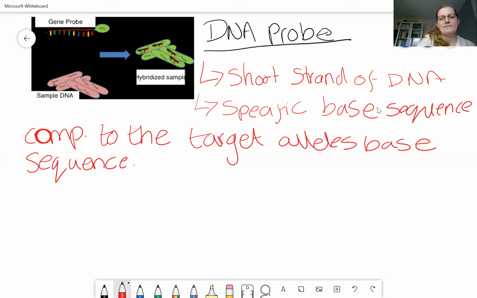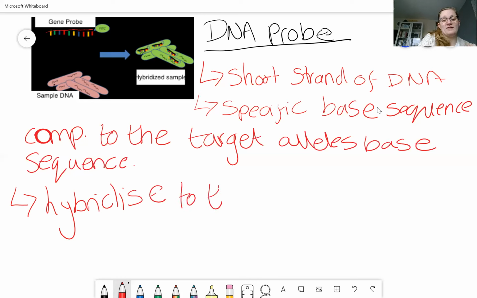The target allele might be the allele we're looking for, one that causes a genetic disorder, for example. What happens is this DNA probe will hybridize, and by hybridize we mean binding. The DNA probe will hybridize to the target allele if it's present.